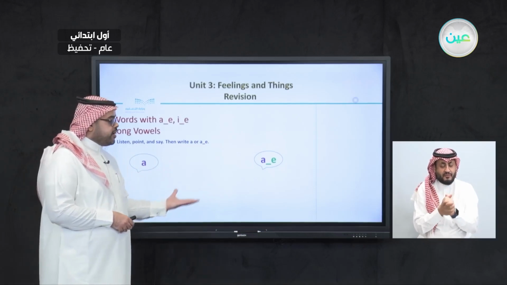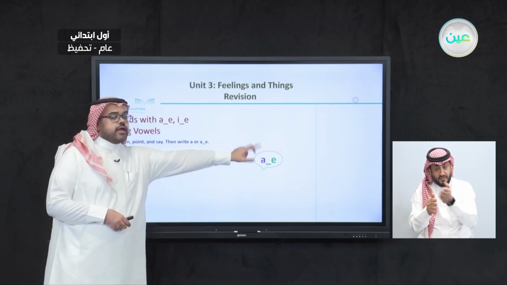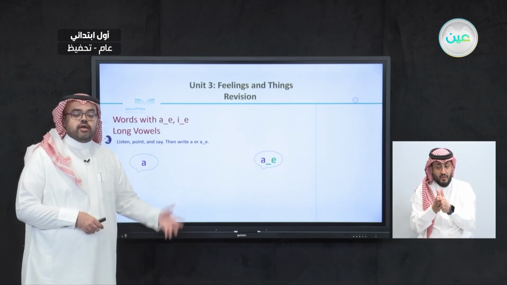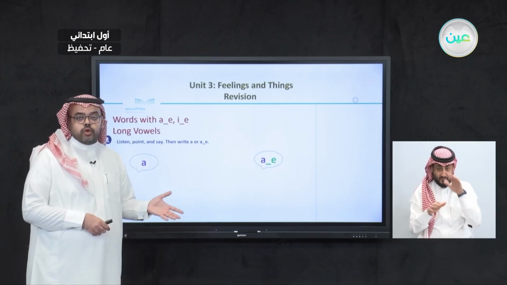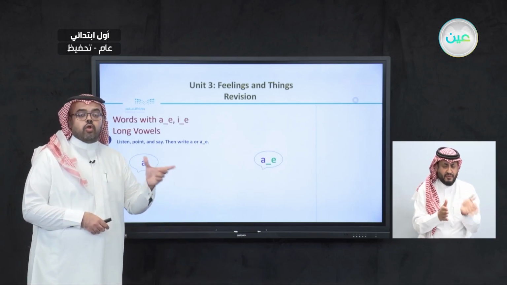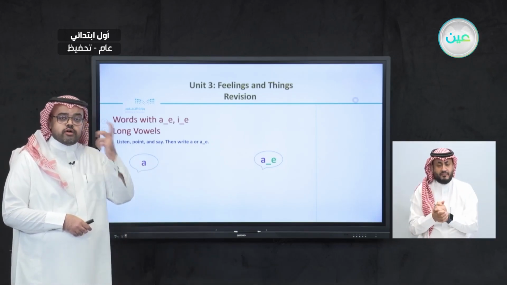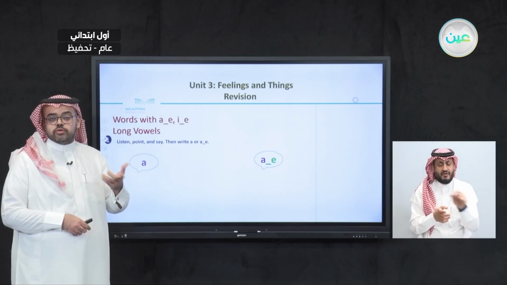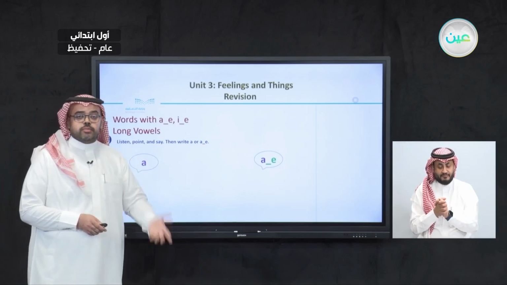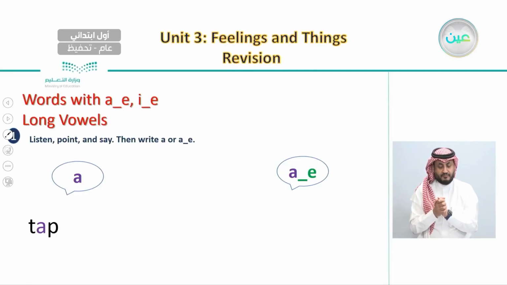But when we have a word with A and it ends with E, in this case, we pronounce it as a long vowel. Let's just remind ourselves of these words with some examples.